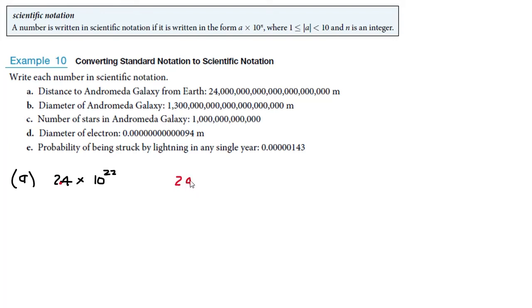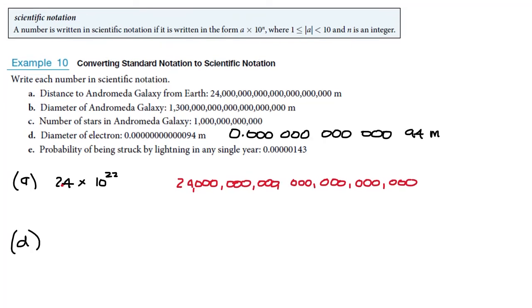So 4, that's one decimal place, 2, 3, 4, 5, 6, 7, 8, 9, 10, 11, 12, 13, 14, 15, 16, 17, 18, 19, 20, 21, 22 decimal places. Is that the same as the number I see above? And the answer is yes, it's 24, followed by 3, 6, 9, 12, 15, 18, 21 zeros.